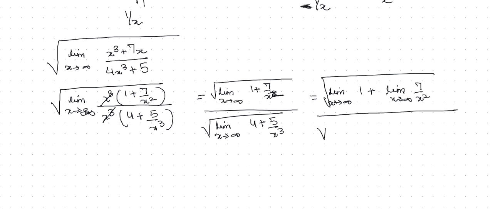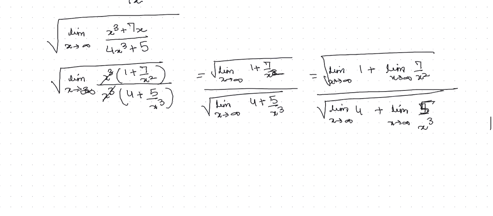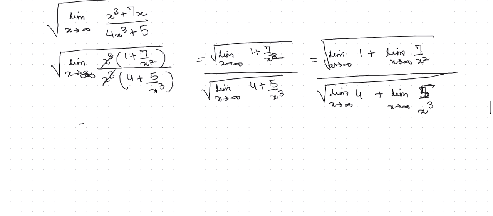This gives limit x tends to infinity 4 plus limit x tends to infinity 5 by x cubed. So this gives us 1.